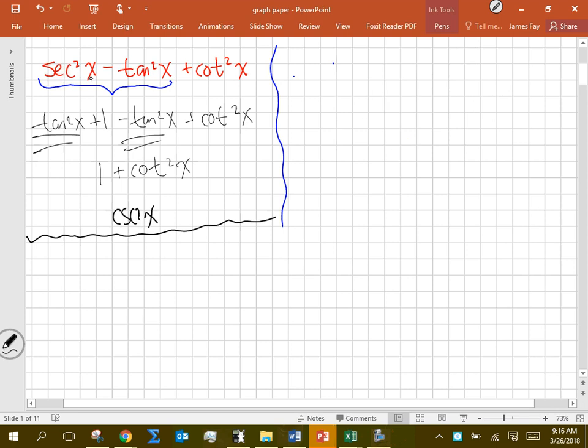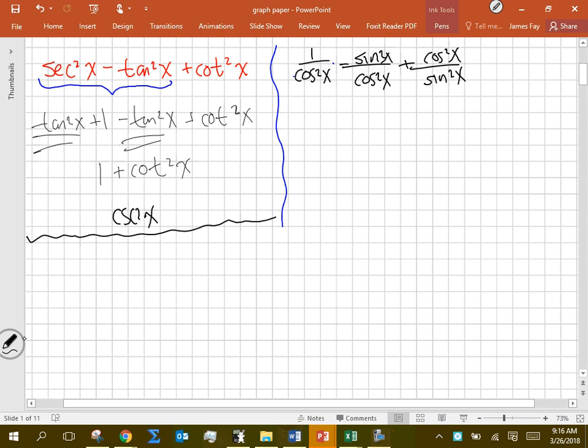Can we rewrite this as 1 divided by cosine squared x minus sine squared x over cosine squared x plus cosine squared x over sine squared x? Can we do that?